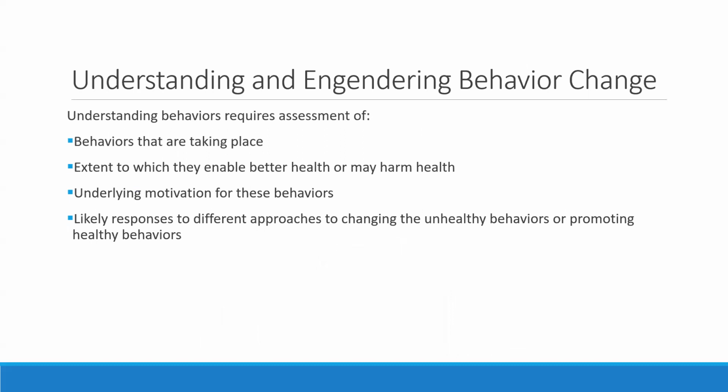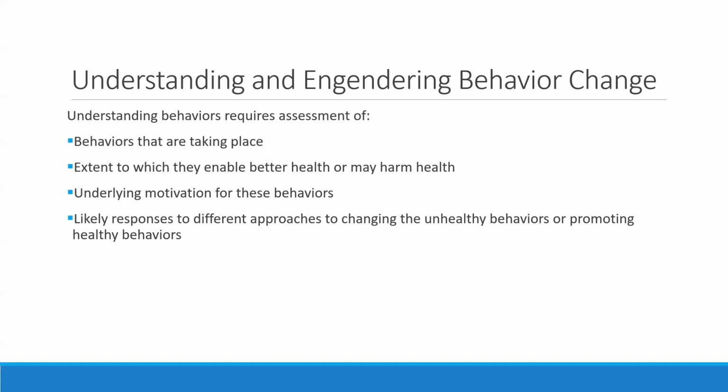Basically, understanding behaviors requires an assessment of what's happening, whether or not these behaviors are going to be harming health, why people engage in them, and then the likely response to different approaches to changing that unhealthy behavior.